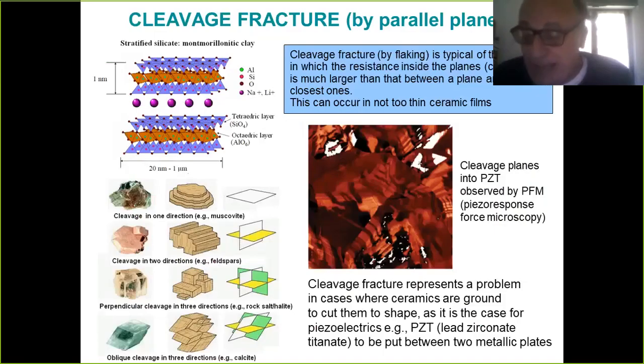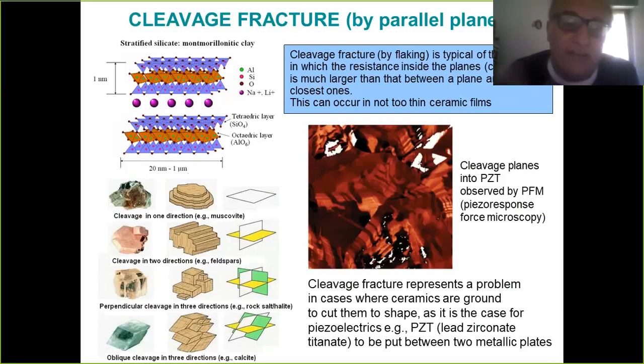So ceramics tend to fail in different ways, tend to fail by cleavage fracture. Cleavage fracture is basically a shear fracture according to different planes. Here you can see some examples, a silicate, some types of minerals.